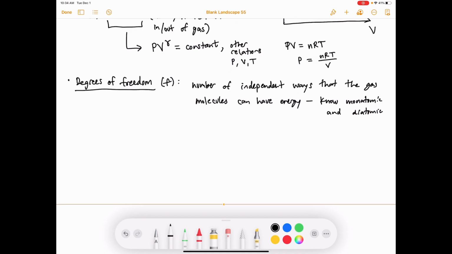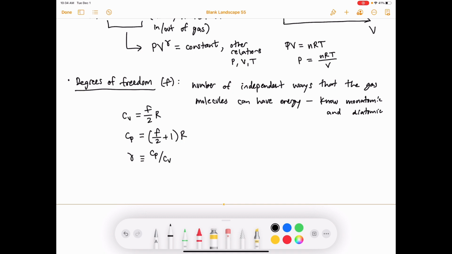But once we have a handle on what the value of f is, well, that goes into our formula for Cv. Okay, the constant volume molar specific heat is just f over 2 times R, where again, f is the number of degrees of freedom of your gas molecules, whereas Cp is f over 2 plus 1 times R, and gamma, well, the definition of gamma is actually just the ratio of Cp divided by Cv.